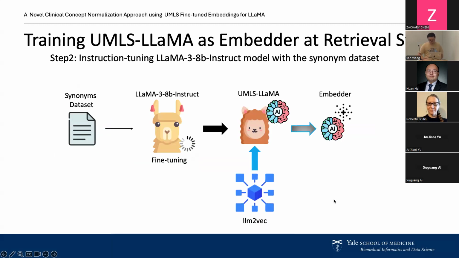So after constructing the synonyms dataset, we will train the LLaMA 3 8 billion instruct model to obtain the UMLS-LLaMA model, and combine it with the LLM2Vec framework to transform the UMLS-LLaMA into an embedder.